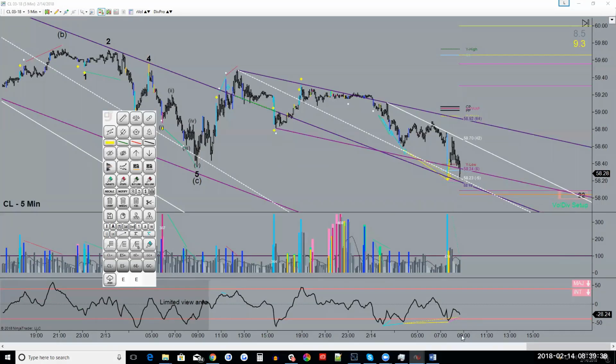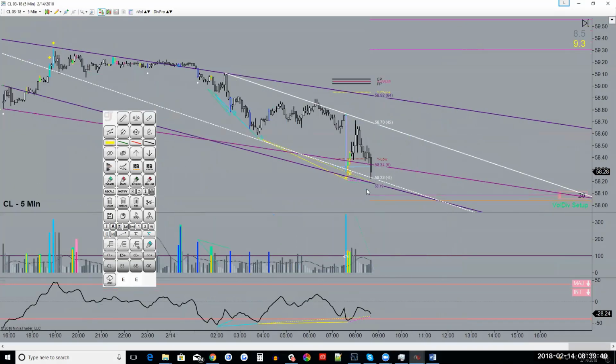And it's a pretty massive volume divergence there. That is likely going to be a low. Well, it's at least at a couple of spots.